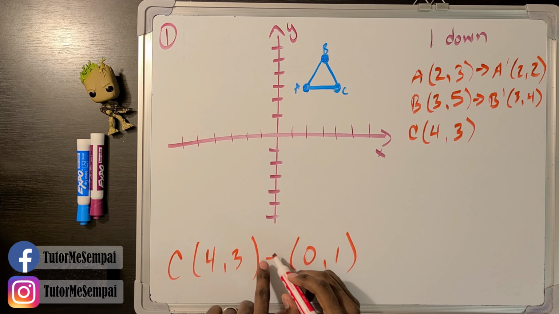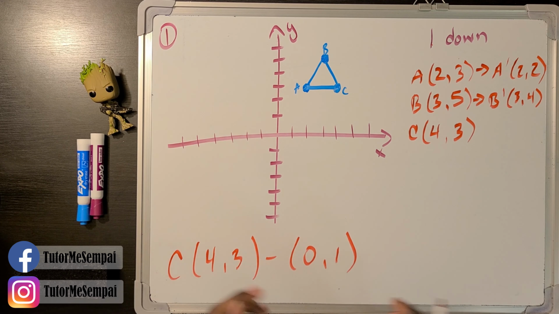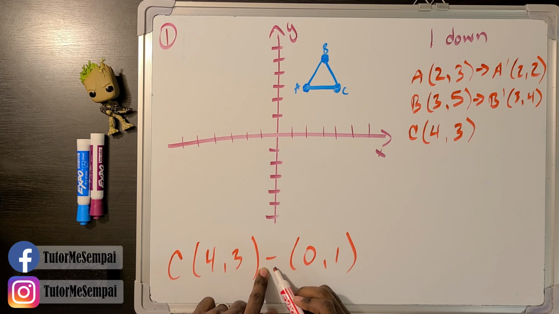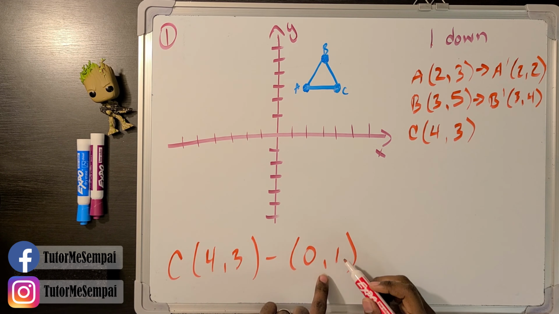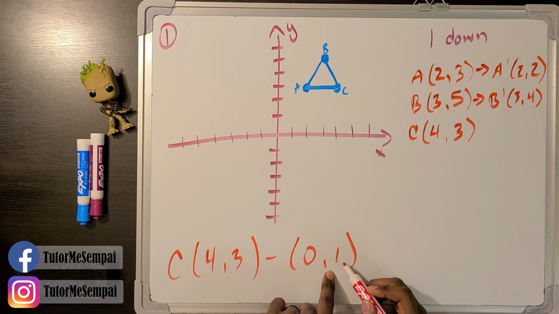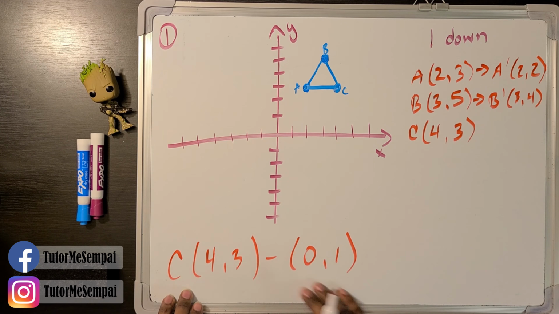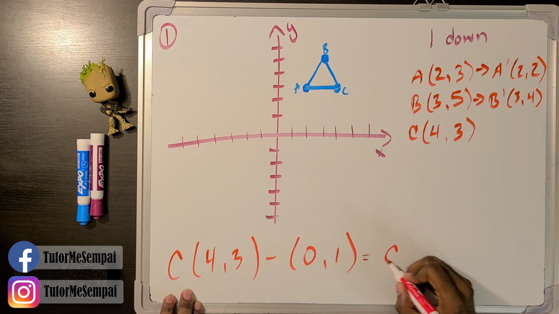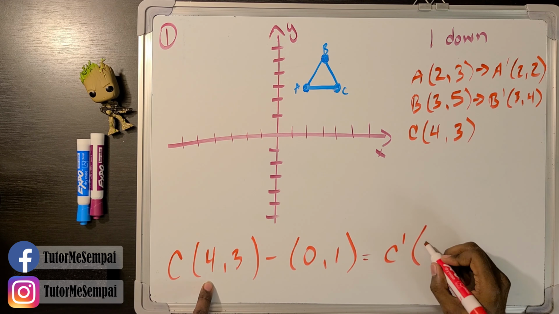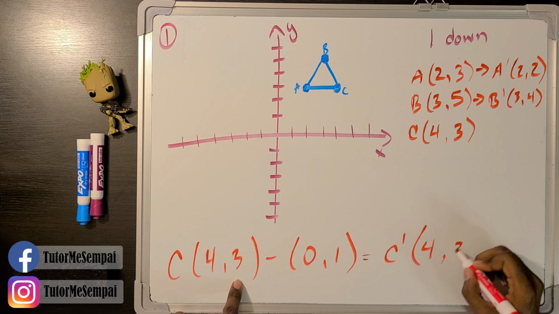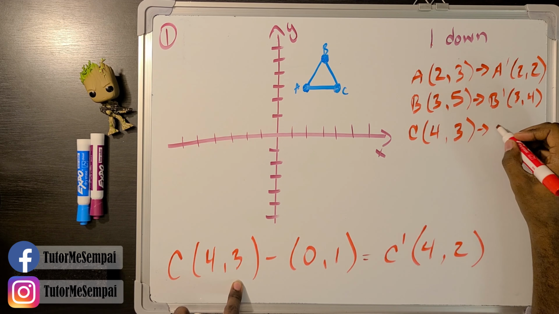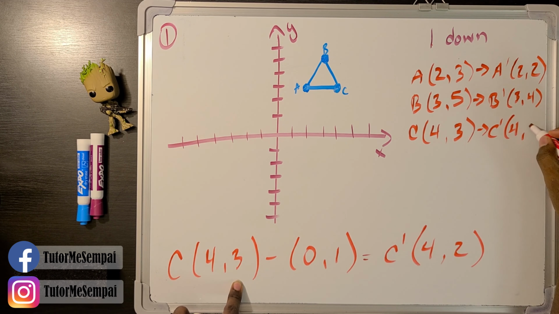You could technically add and have a negative 1 here. It doesn't really matter. Once you understand the concept, it becomes more straightforward why we're subtracting here and not adding, and why we're in the y-coordinate instead of the x-coordinate. So our final result for this one is going to be a C prime of (4, 2), right? So C prime is going to be (4, 2).